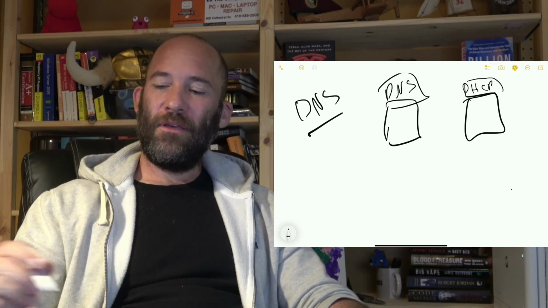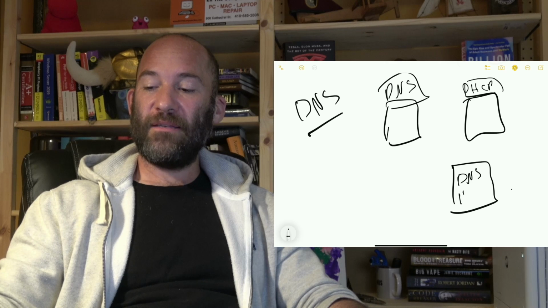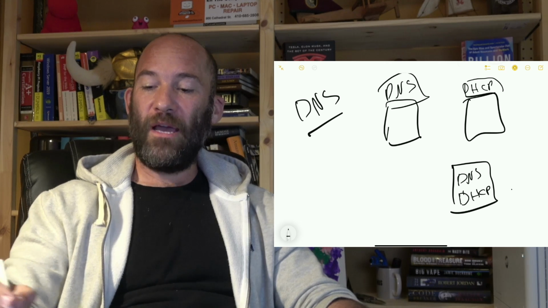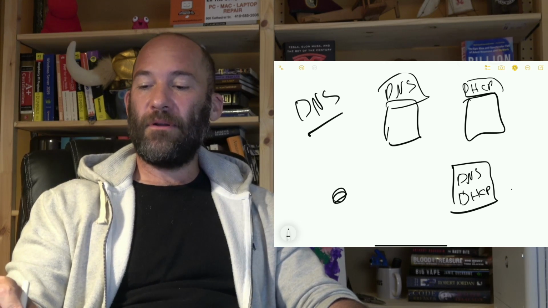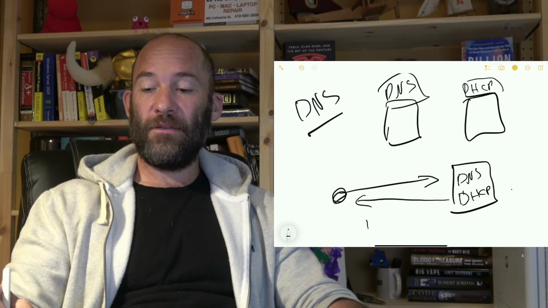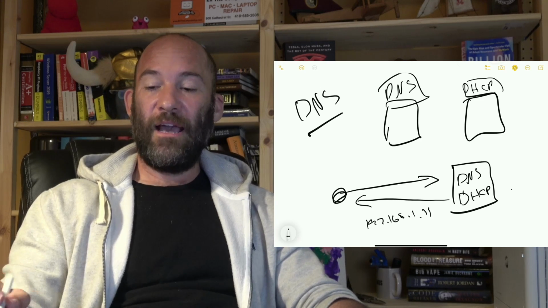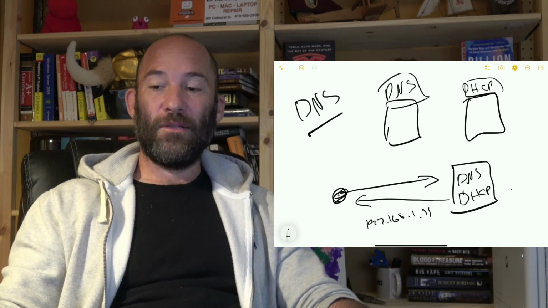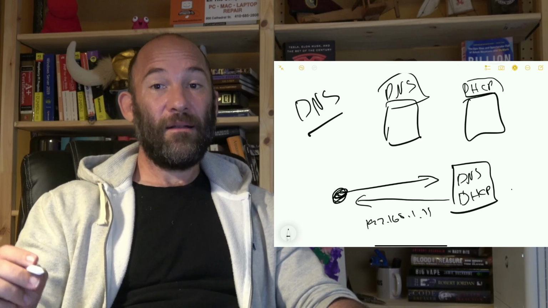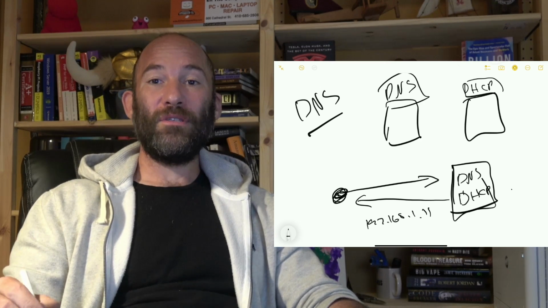Here's one of the issues you can run into, right? So if you have one box that has your DNS and your DHCP, when your client computer communicates with that box in order to get an IP address, 192.168.1.11, let's say, one of the things that's going to happen in this process is that computer is also going to give the server its host name.